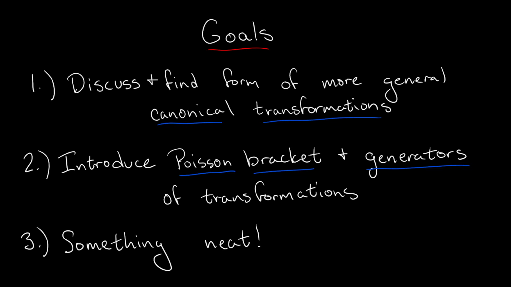So what do we want to do today? We've been doing a whole lot with Hamiltonian mechanics, but we've really tunneled ourselves into only considering a very specific type of transformations to our coordinates, which has been very helpful.